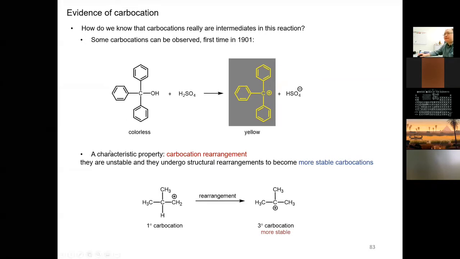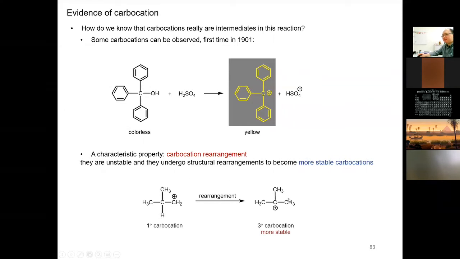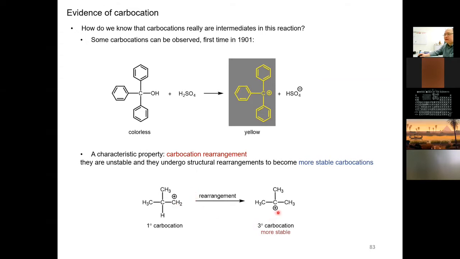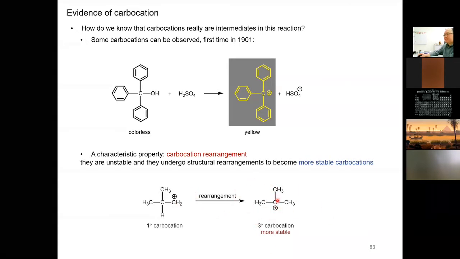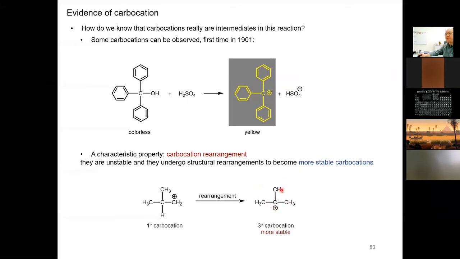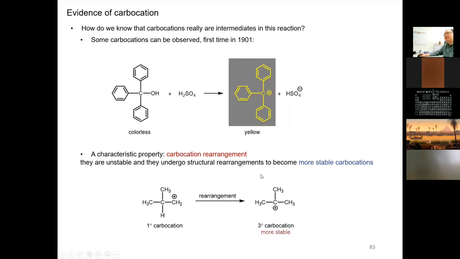A typical rearrangement is listed here. You have a primary carbocation, which has 2 H's and a carbon, and it can go through a rearrangement to form this tertiary carbocation. And as you know, the tertiary carbocation is much more stable because of more substituents, right? So how did that happen?